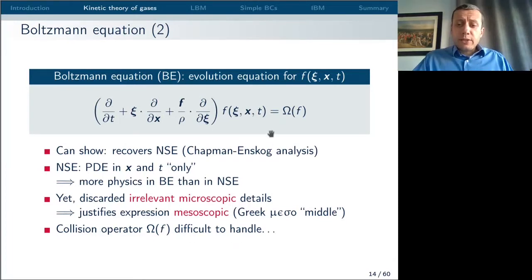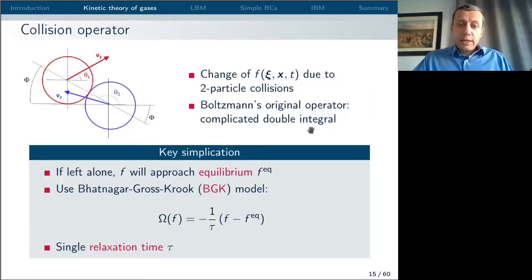The collision operator, of course, without the collision operator, you cannot really work with the Boltzmann equation, and that is the tricky bit. Here, just for example, you have two molecules with finite size. They are colliding, and before and after collision, they will have different velocities.